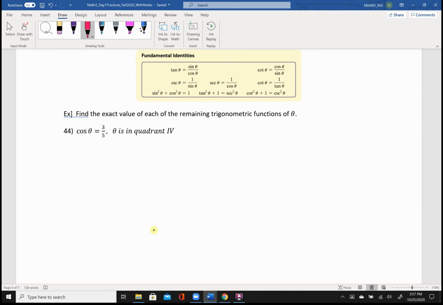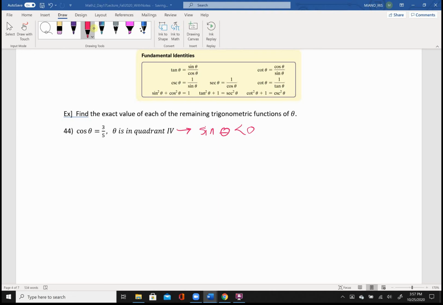What do we know about the y values in quadrant 4, aka the sine theta? Well, this will tell you that sine theta has to be negative, less than 0. We'll keep that in mind.